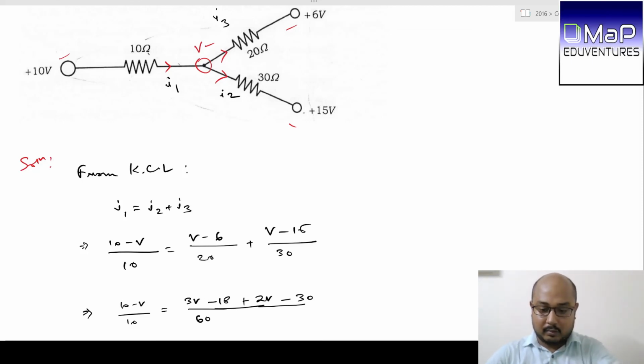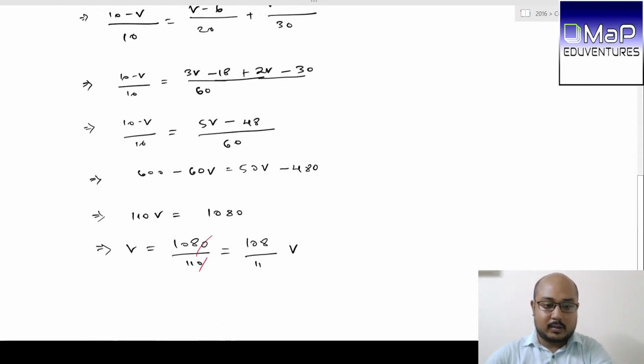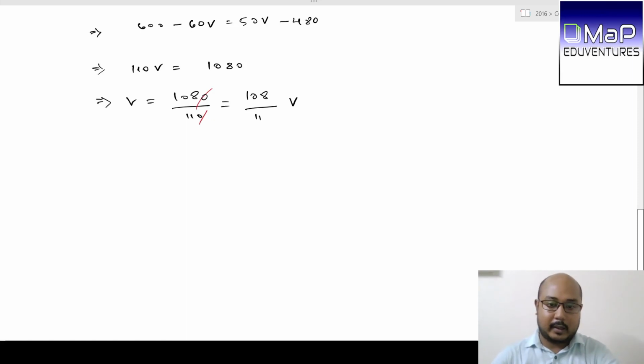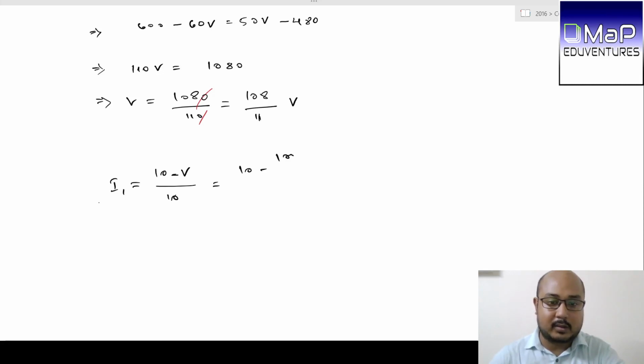Now we just use this value to calculate the current across the 10 ohm resistance. So I1 is equal to V by R, which here is 10 minus V divided by 10. So this is 10 minus 108 by 11 divided by 10. After calculation it comes out.